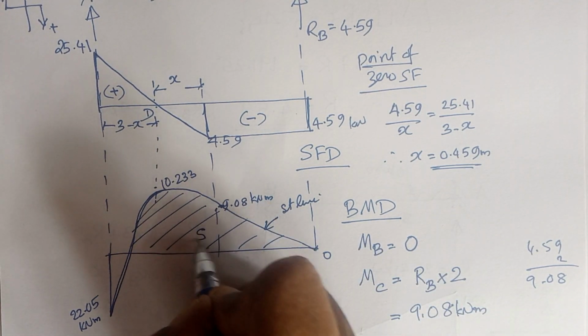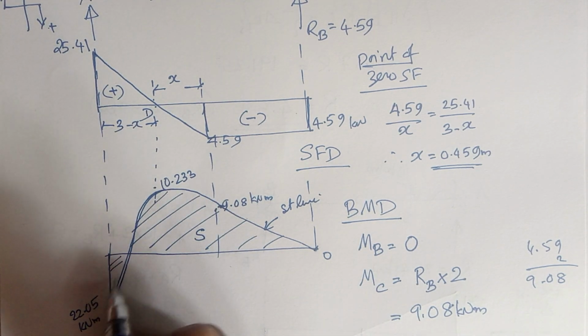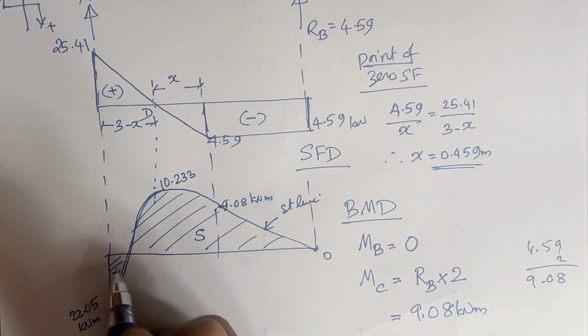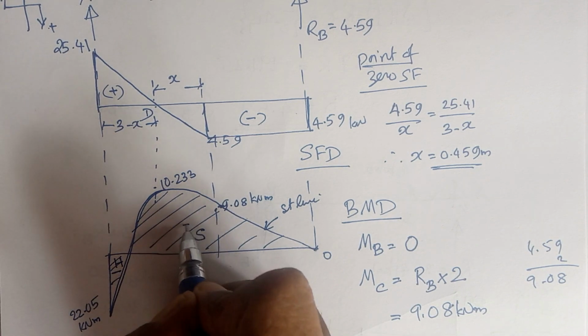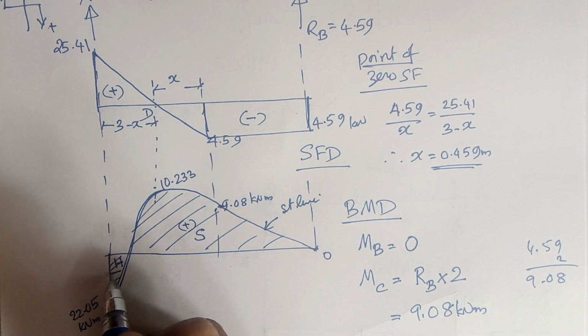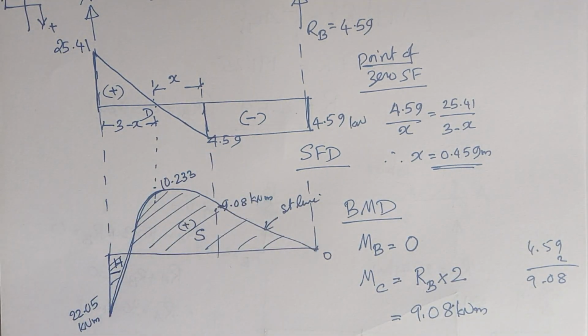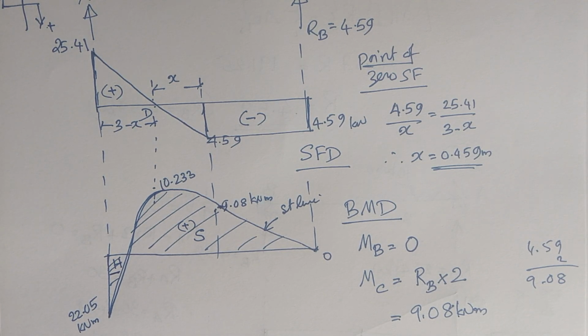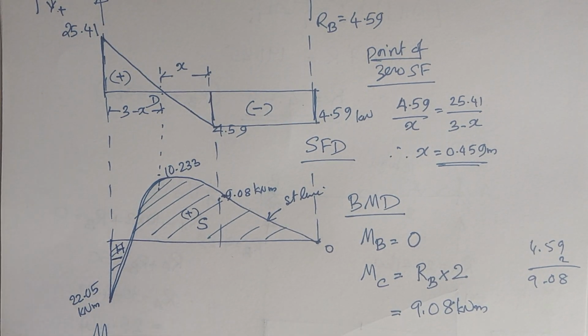This portion is sagging, positive. This portion is negative, or we call it hogging. So this is the final bending moment diagram. Okay, with that we completed one example.